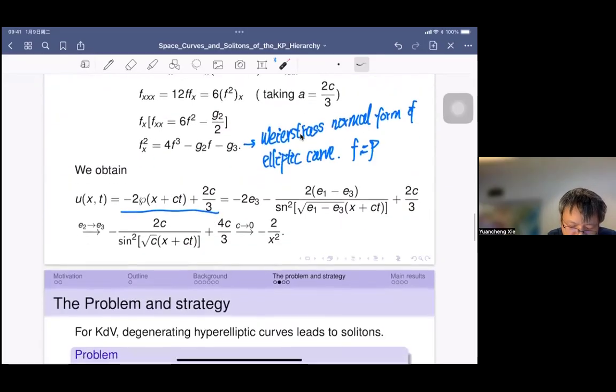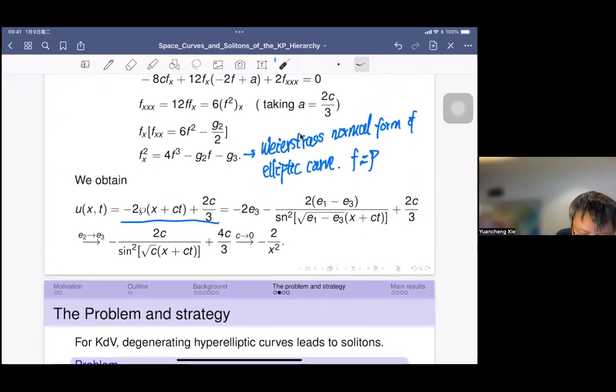Now, if we take some kind of a limit, we rewrite this elliptical function in terms of Jacobi elliptical functions, and we let E2 go to E3. The elliptical function is defined by y squared equals 4x to the third minus g2x minus g3.